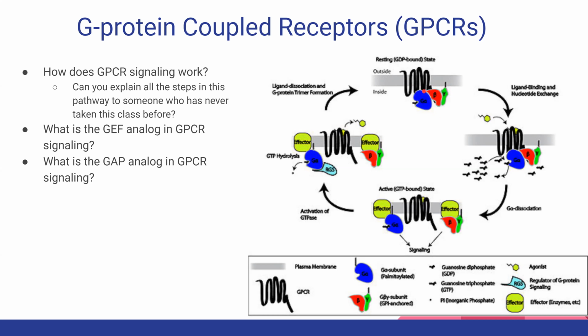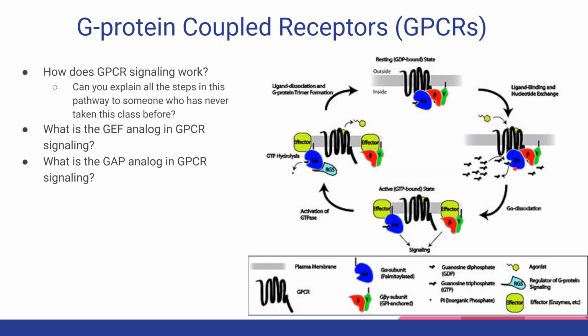That's important because when a signal comes into the 7 transmembrane, it's going to induce a conformational shift in both the membrane protein itself and the G alpha. And when that happens, it's going to cause 2 things to happen. So one, it's going to create a conformational change in the G alpha. The G alpha in this pathway is going to be the GTPase.